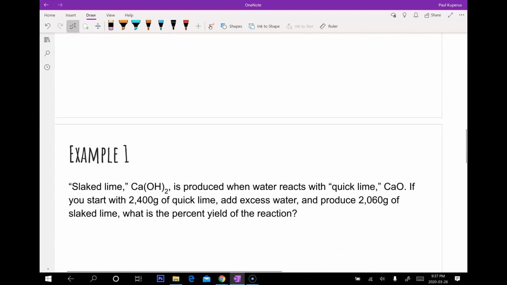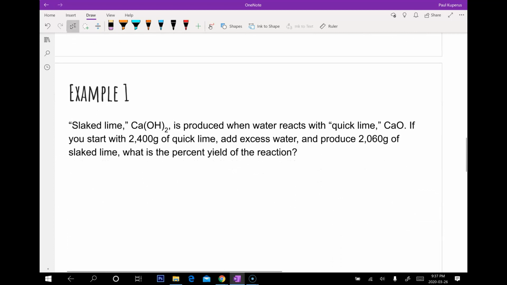Here's our first example. Slaked lime is produced when water reacts with quicklime, calcium oxide. If you start with 2,400 grams of quicklime and add excess water to produce 2,060 grams of slaked lime, what is the percent yield for the reaction? So here is my given information, the 2,400 grams of quicklime.